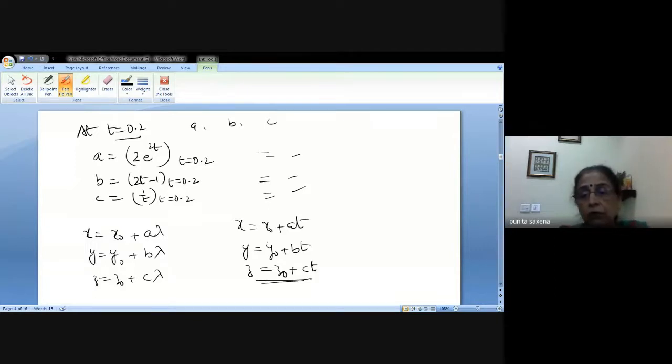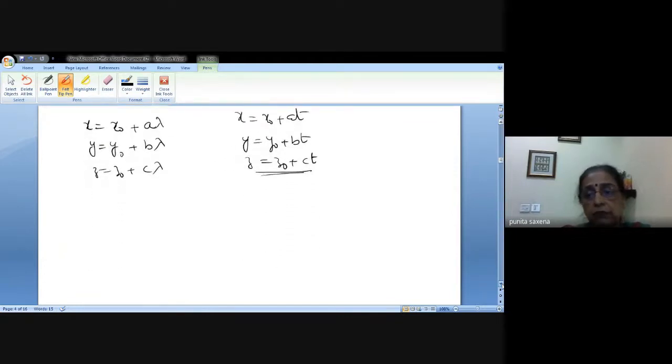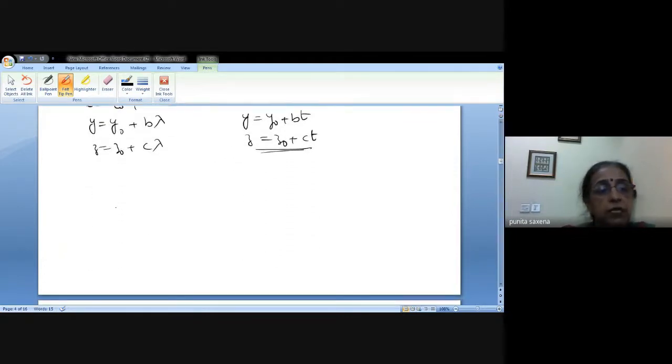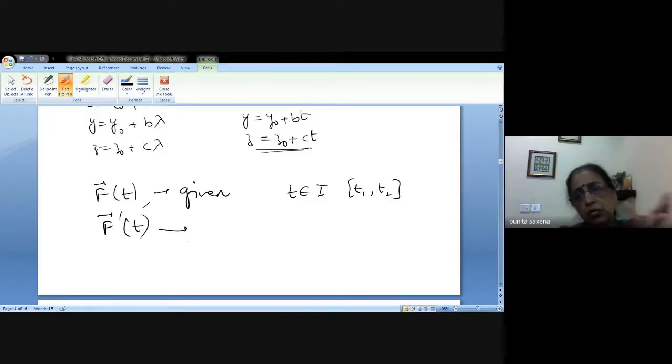Now, one more thing that we need to define here: for a given vector valued function f(t), we find f dash t. Of course, t belongs to some interval I, say t1 to t2, which could be anything, from 0 to infinity or between specific values.